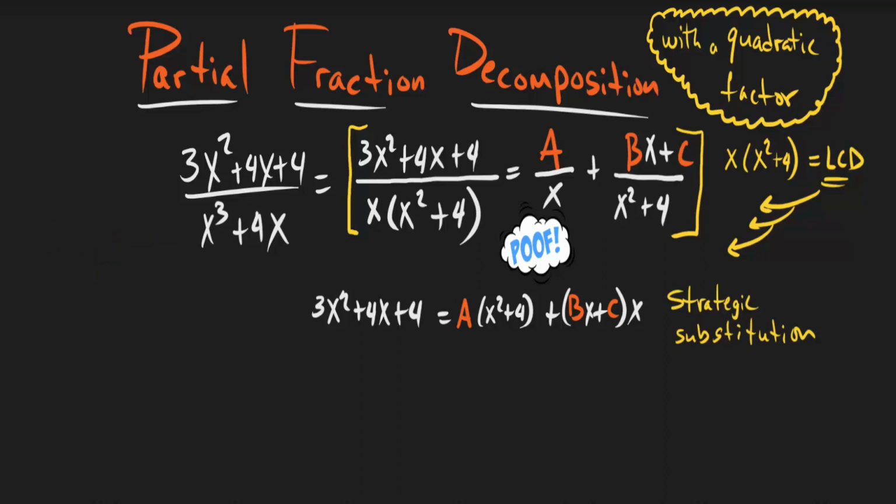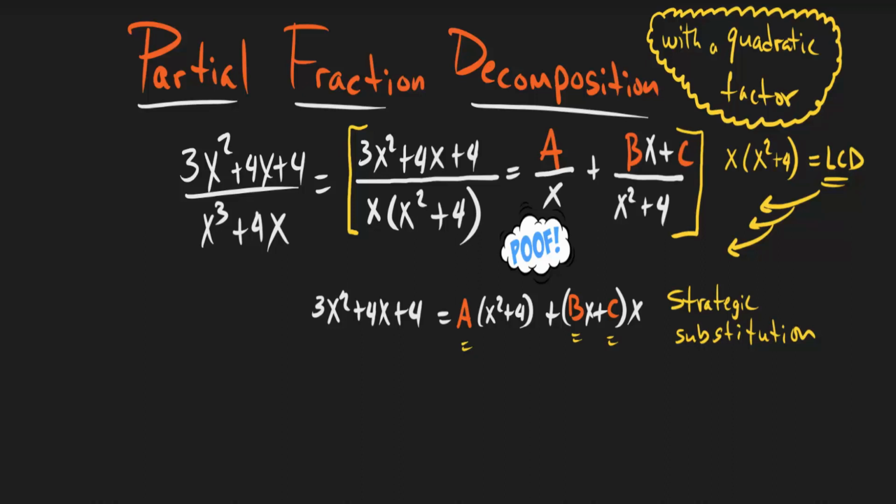Now in this problem, it's going to be a little bit more challenging because we have 3 constants to solve for. We have to solve for the A, the B, and the C. That's why I color coded them orange, just so that we don't forget what we're trying to do here, okay? We're trying to figure out what that A, that B, and the C are. Because once we know those, then we'll know what our partial fraction decomposition is. Okay, so how are we going to do it?